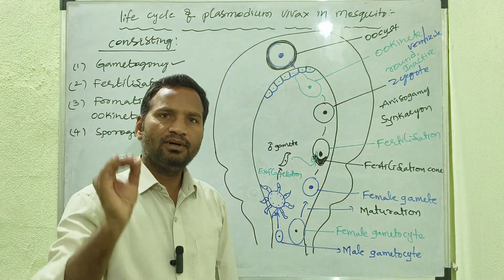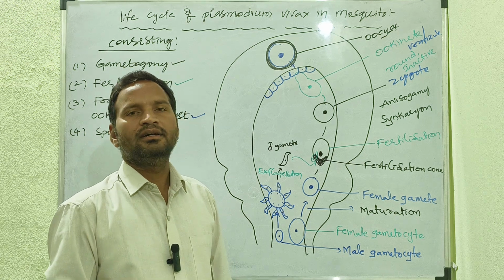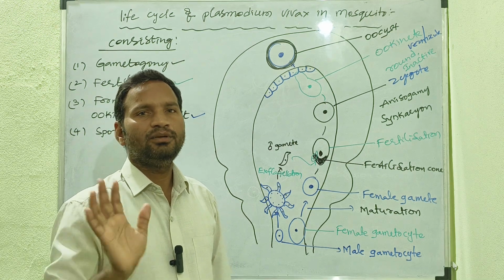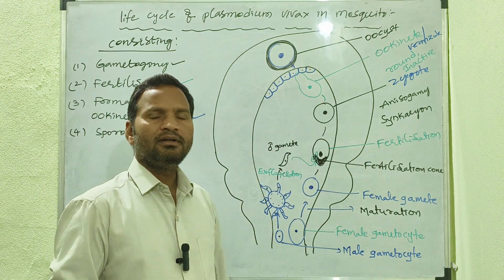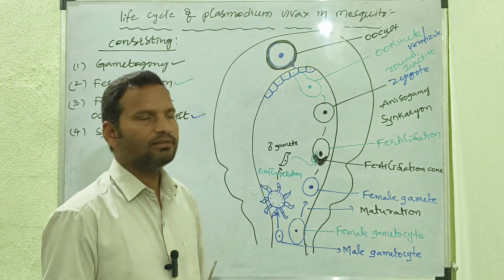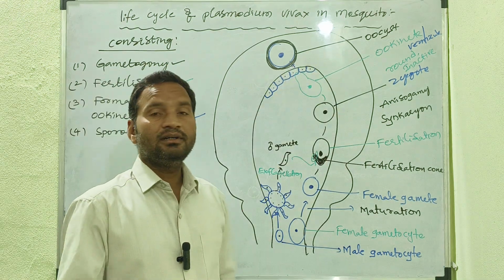It also occurs in the lumen of the crop of the mosquito. But here, all these stages occur where? The crop of the mosquito. Very simple. The next one is the oocyst.